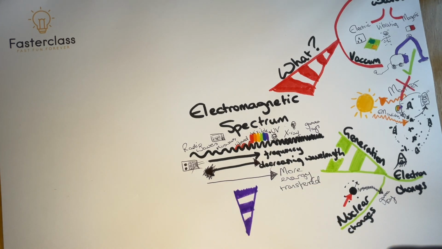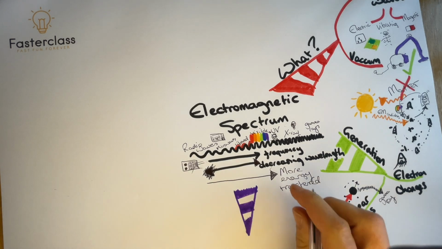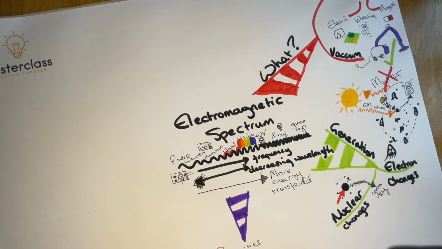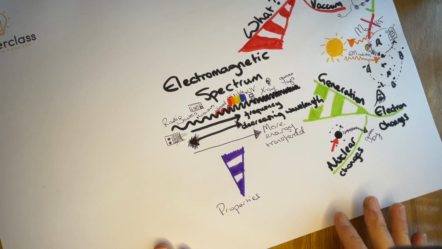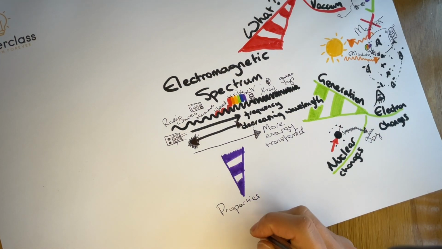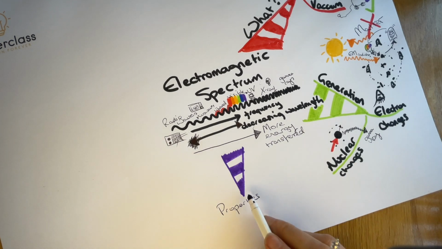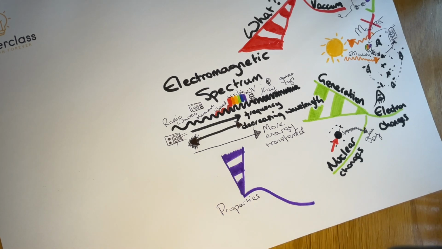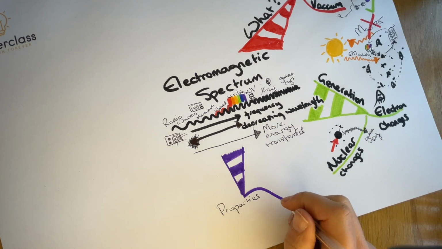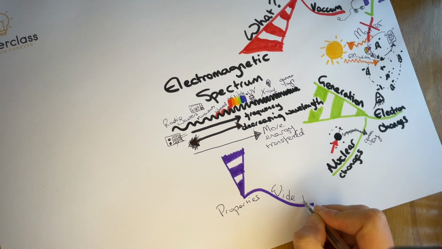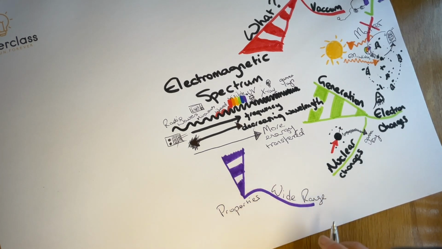So, based on what we were just learning about, properties in here. Here's a key word that I want you to remember. Wide range.